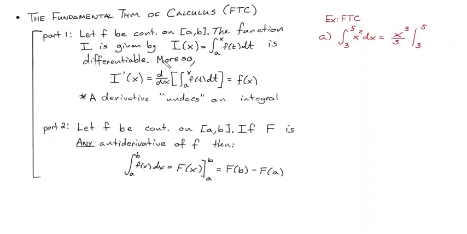According to, is it part 1 or part 2 of the fundamental theorem that I'm using right now? I'm using part 2. I'm going to work over this direction just so I can make sure I see everything. Here's all I have to do. What I will normally do, is there a constant multiple connected to this x cubed? It's a 1/3.